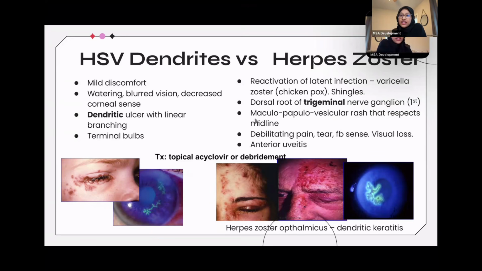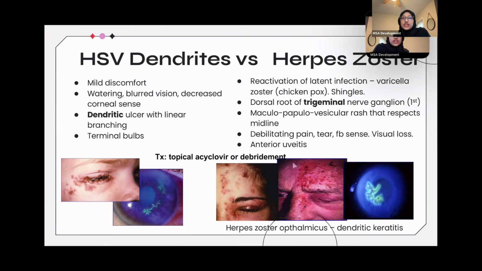Another difference is the maculovesicular rash on the first division respects the midline, which means only one side of the eye is affected. You can tell that distribution is because of that nerve, because of how it respects that midline. See, it's very straight and very separate. It can also cause symptoms similar to anterior uveitis, which I mentioned is an emergency red eye before.